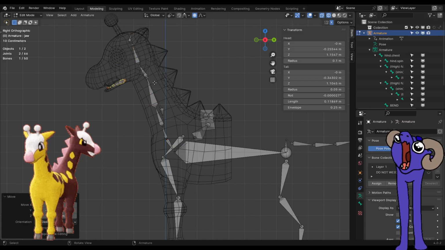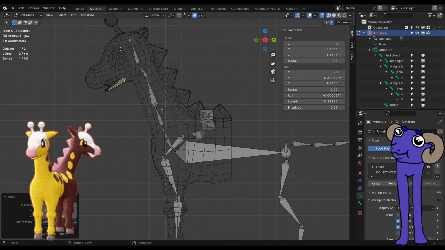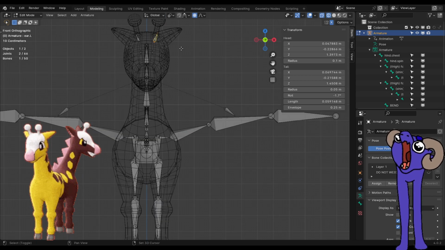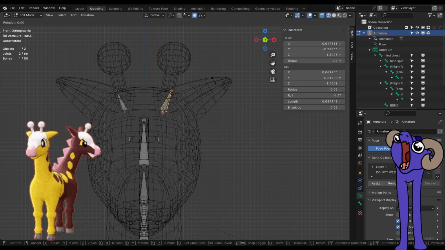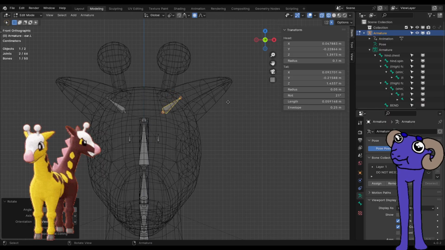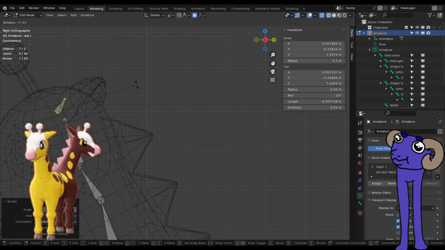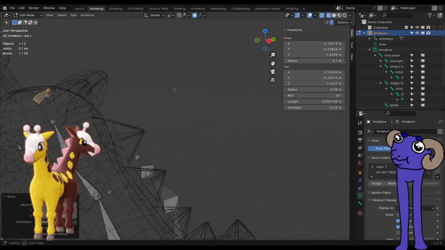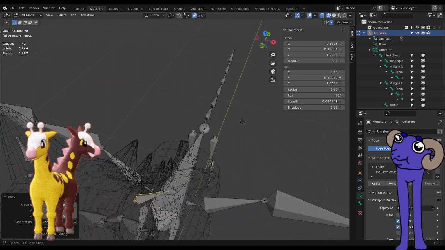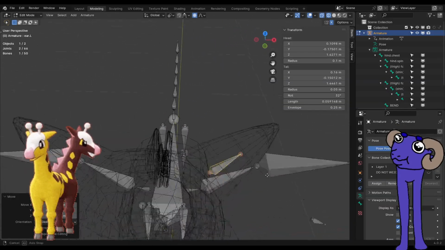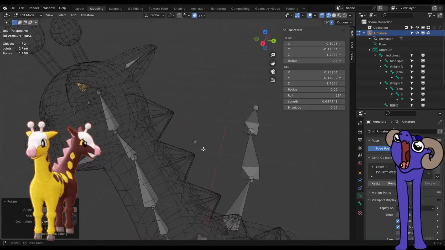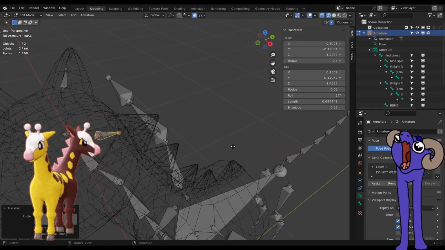The jaw needs to be on the jaw. Eye bones can honestly just stay where they are. I'll sort those out in a bit. And then we've got you. That looks vaguely put inside of the ear.